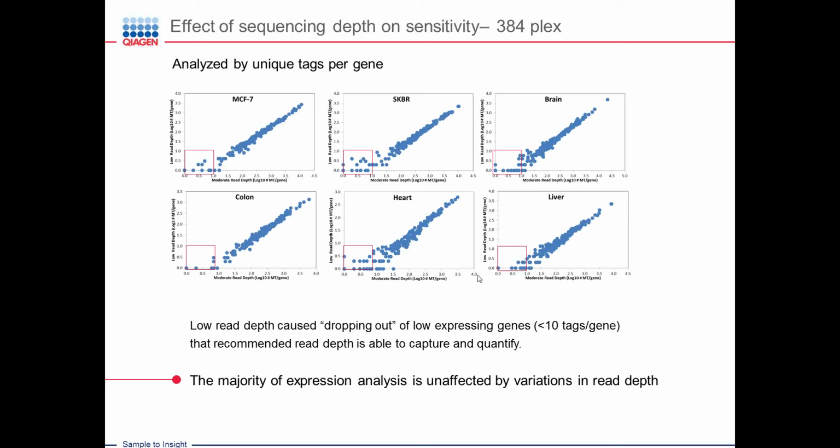And that's expected. But what this means also is that if you want to economize and you're reading a 384 panel, and you have a choice between possibly losing sensitivity at the low end and reading 5 or 10 times as many samples per run, you might make that choice and say, rather than reading only 10 samples, I'm going to read 100 samples per run and sacrifice the bottom 10 genes. That's a choice that you can make.